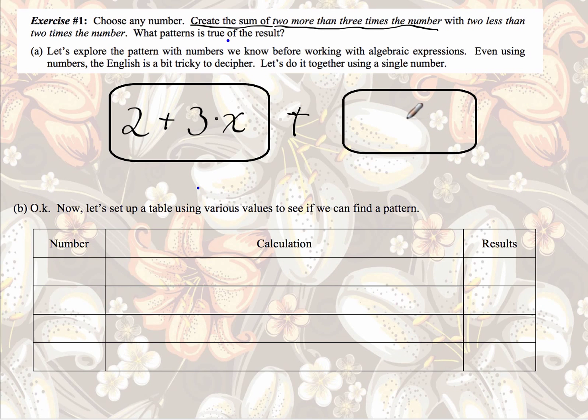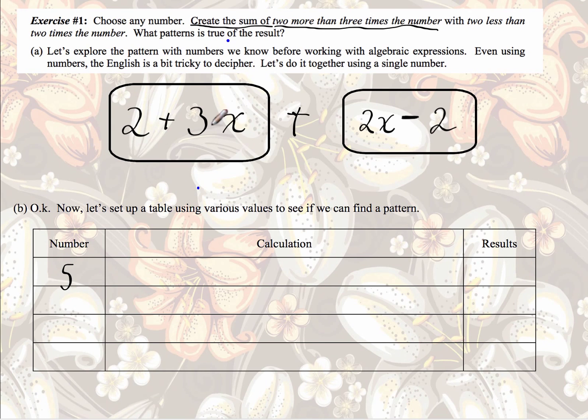So 2 less than, remember that word than? Can flip it around. So 2 less than means I'm taking away 2 from 2 times the number. So let's see if there's a pattern here. Let's start with a number. Let's start with the number 5.